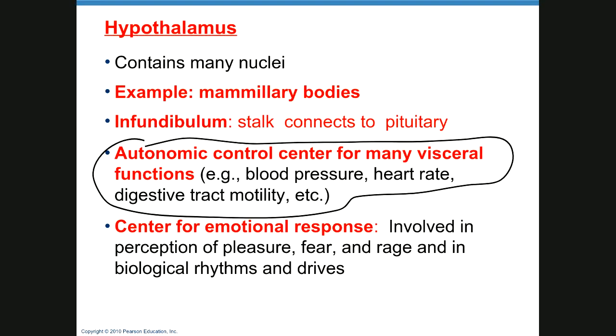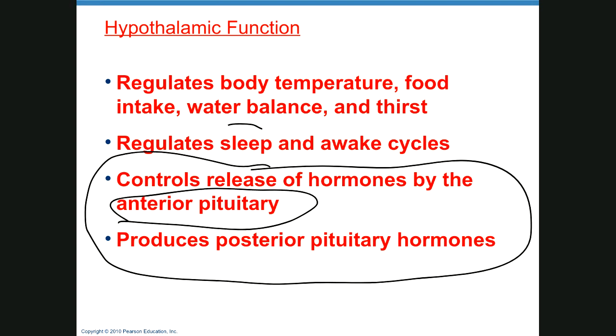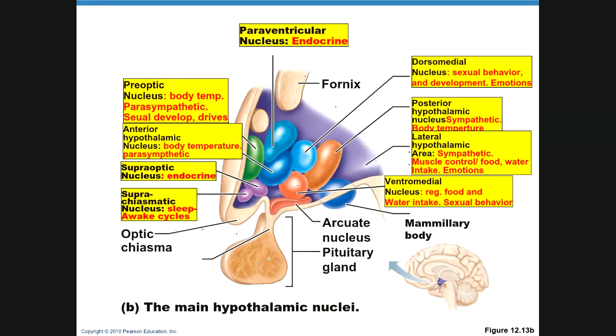And the hypothalamus is the center for control of both the autonomic nervous system and the release of hormones that in turn control the master gland. So ultimately, the hypothalamus is the center for all of this control. So it is, needless to say, a very, very important area.